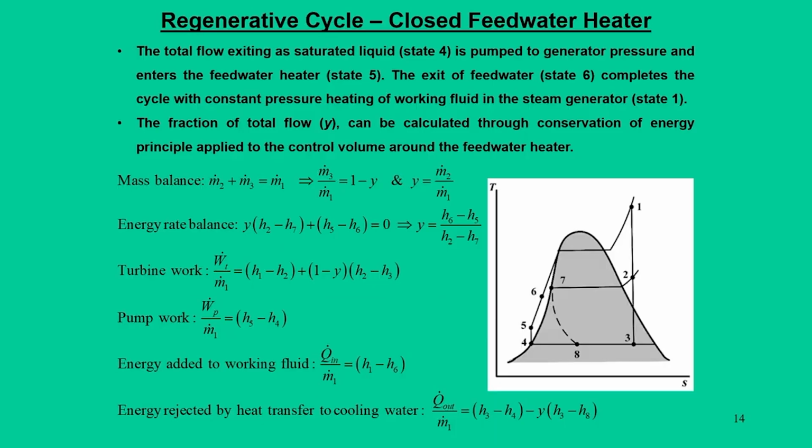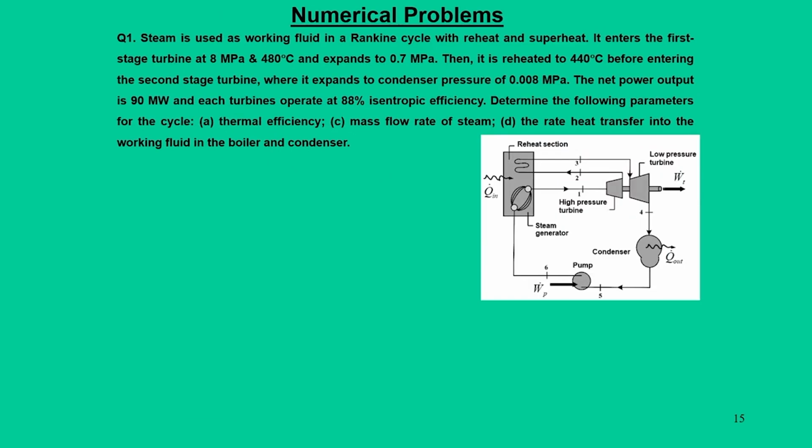And the regenerative cycle reduces the heat load in the steam generator and thereby cycle efficiency is improved. Some power plants can operate in both reheat and regenerative modes to get enhancement in both power output and efficiency. And with respect to the closed feed water system, the advantage is that there is no extra pumping requirement. So, with this I completed this part.